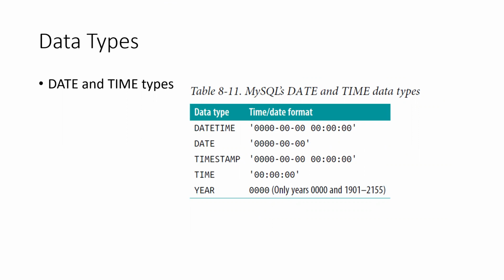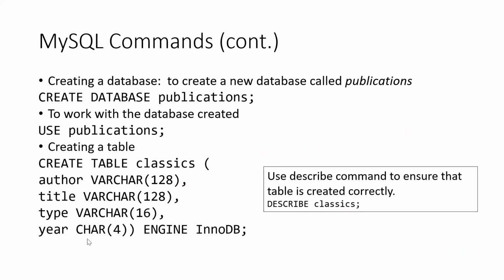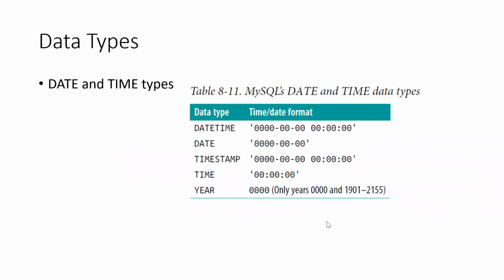Make sure that if you use year, you can use only either four zeros or 1901 to 2155. So I hope you realize here we are using 4 characters, right? You have to be very careful about the use of year here. Make sure you understand the limits of using year as a data type.